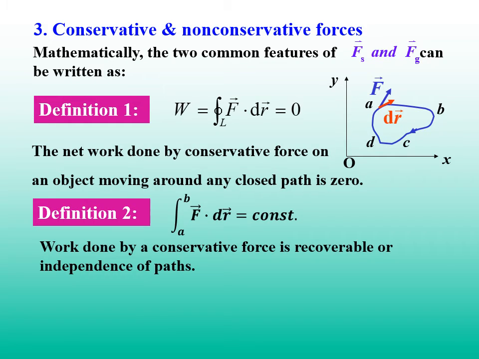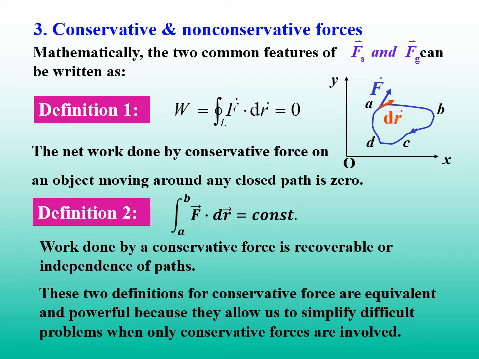Another definition for conservative force is that the integral of F dot dr from A to B equals a constant, independent of the paths. Or we say the work done by a conservative force is recoverable. These two definitions for conservative force are equivalent.